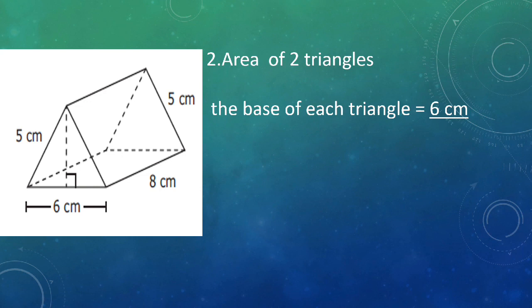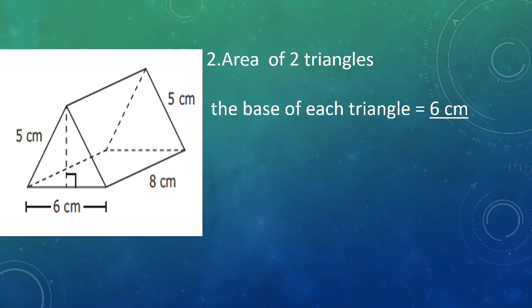In solving the height, we will use the Pythagorean theorem, and we will use the formula a squared is equal to c squared minus b squared, since we are going to solve for the side opposite the hypotenuse.